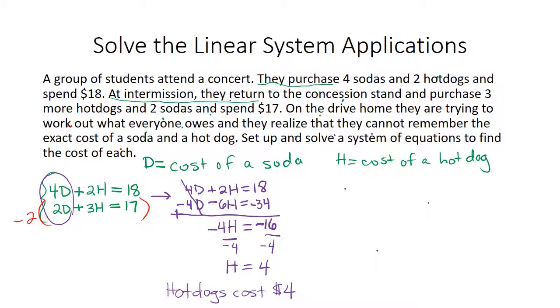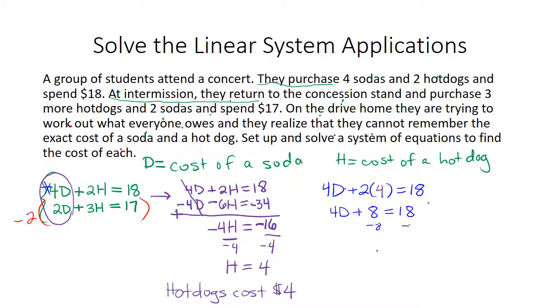Now we still need to find the cost of a soda. So for that, we're going to take our H equals 4, and we need to plug it back into one of our original equations. Now it doesn't matter which equation you use. I'm going to go ahead and use this first one over here and say 4D plus 2H, and we know our H value is 4, and that should be equal to 18. Okay, so solving for D, we have 4D plus 8 equals 18.